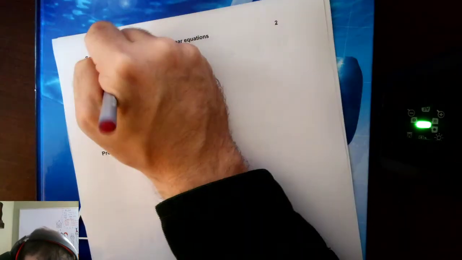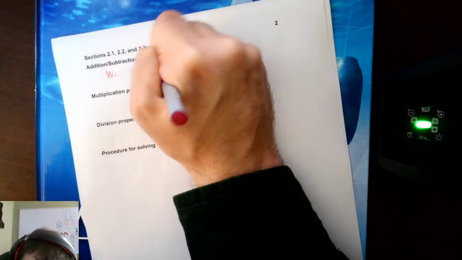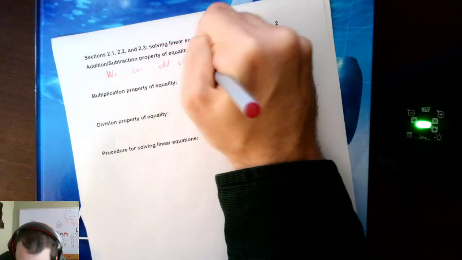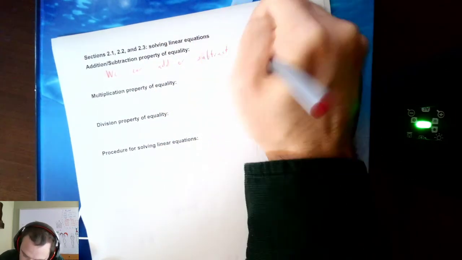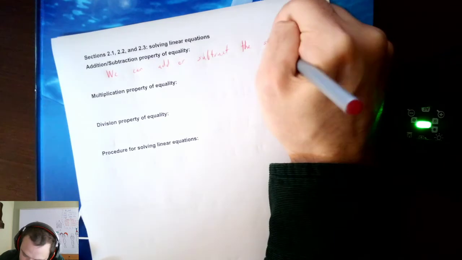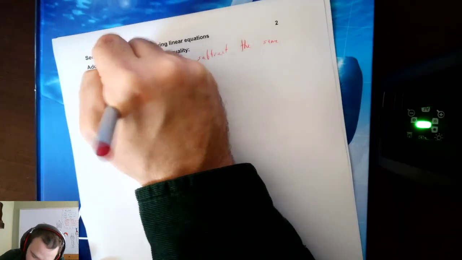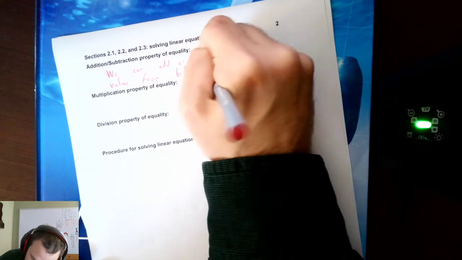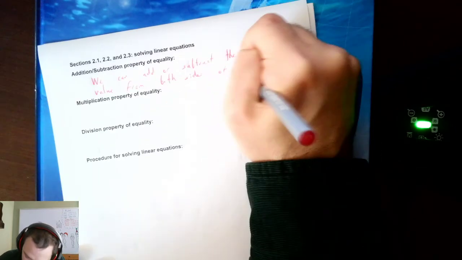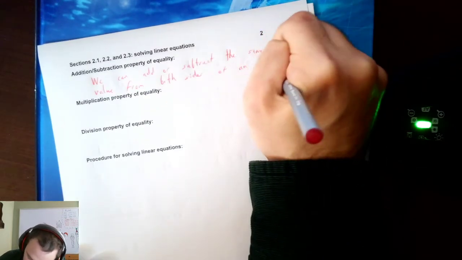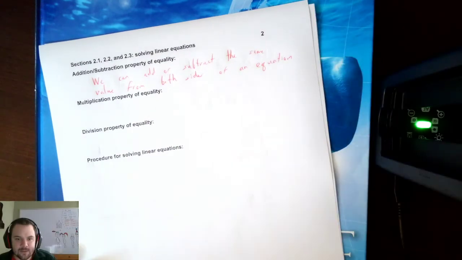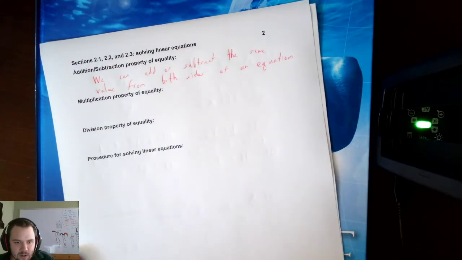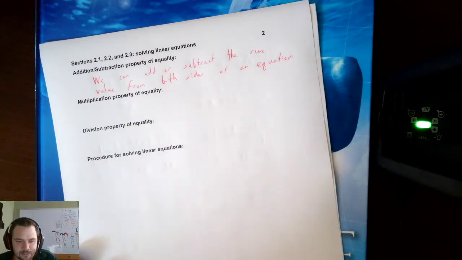And this says we can add or subtract the same value from both sides of an equation. That's what that property says. That's why it's called the addition or subtraction property.